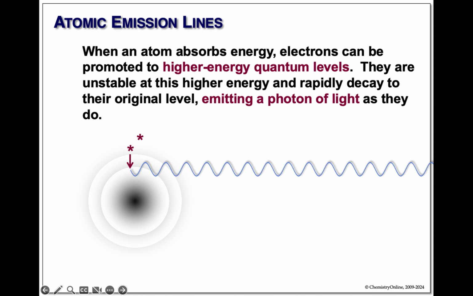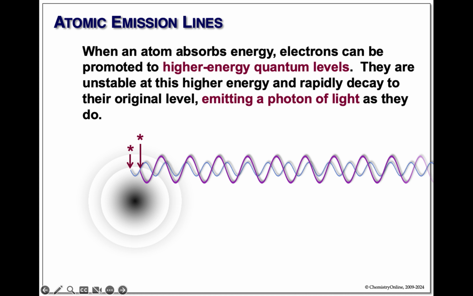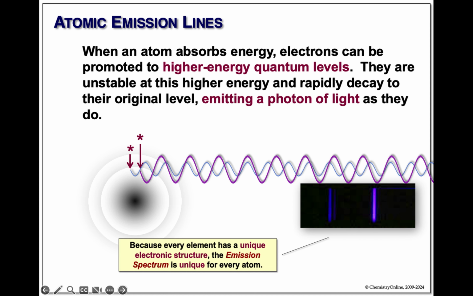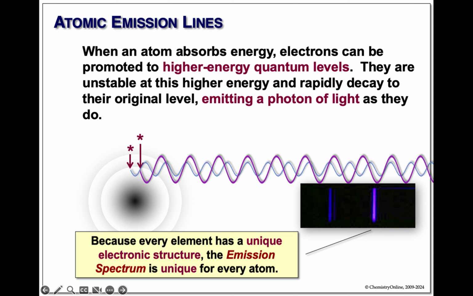Because this is quantized, this is only one wavelength. Different energy level, different wavelength. That means that the element emits light. The light will occur at very distinct wavelengths, and that's called the emission spectrum.